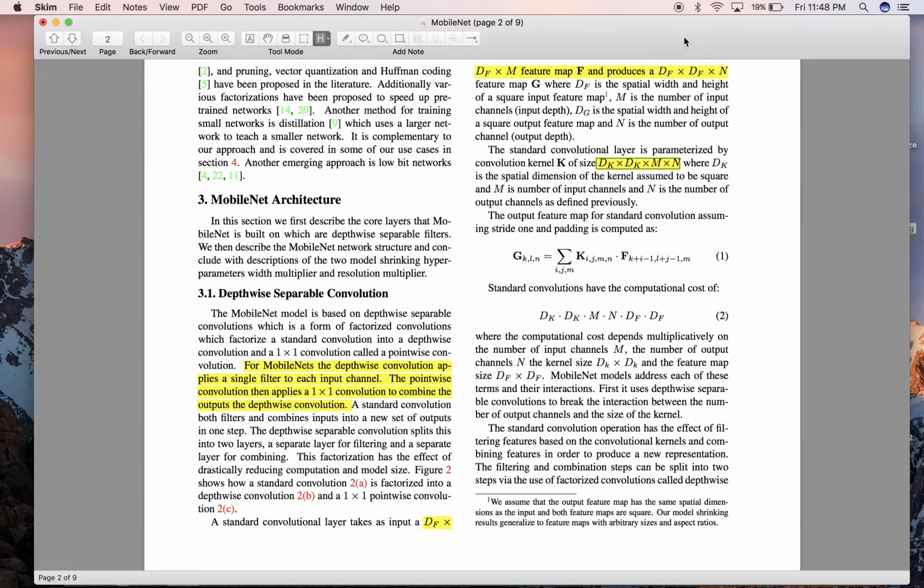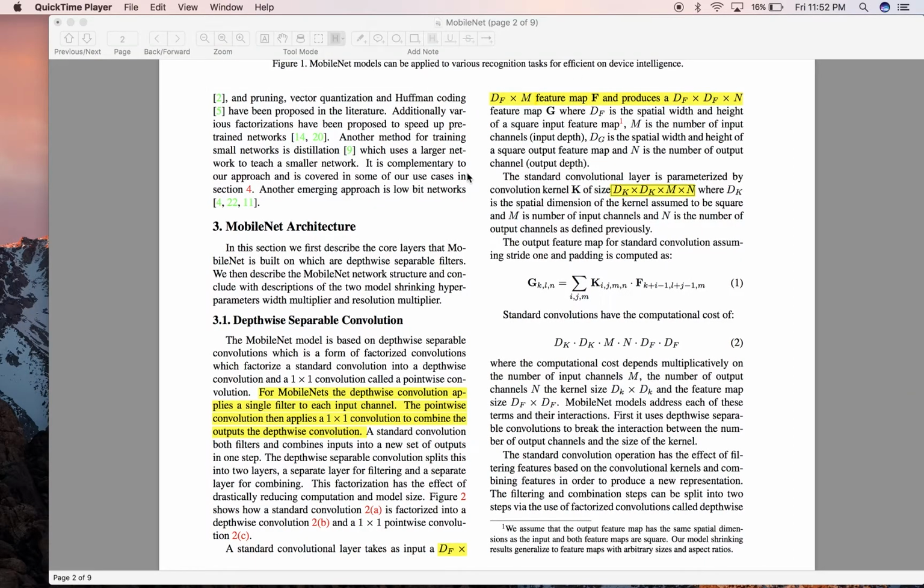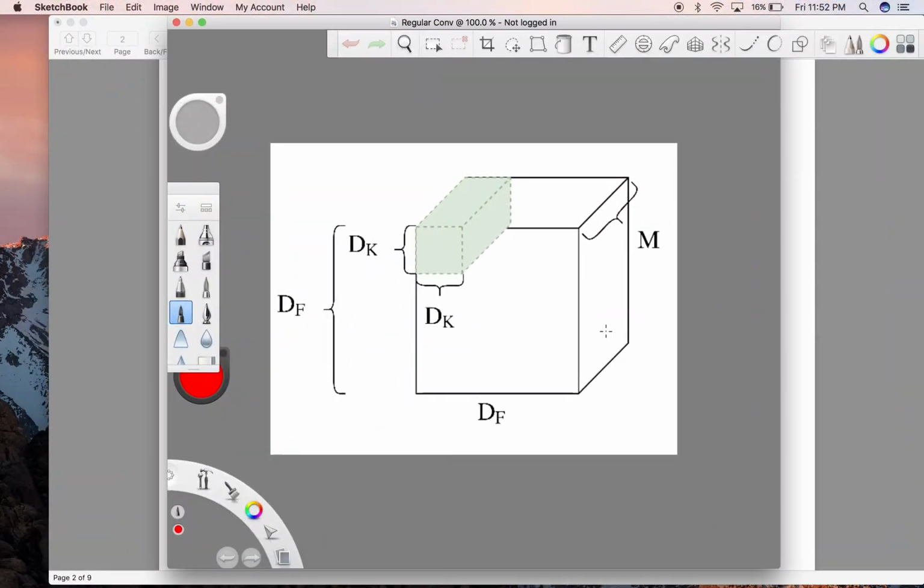So let's go a little bit more detail into the analysis of a regular convolution. So let's try to calculate the number of operations I would have to do in a regular convolution. So remember, the number of operations that I have to do for this block is the dot product of every overlapping pixel, right?